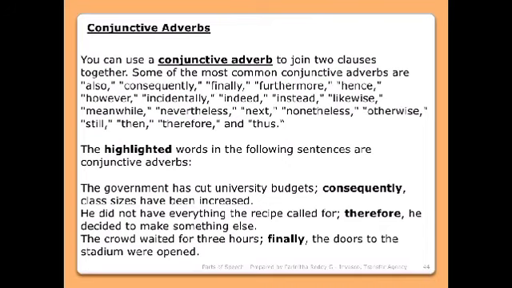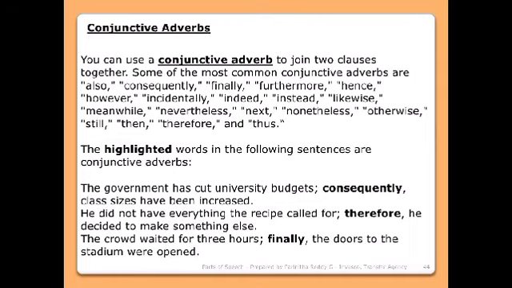The highlighted words in the following sentences are conjunctive adverbs. The government has cut university budgets. Consequently, class sizes have been increased. He did not have everything the recipe called for, therefore he decided to make something else.